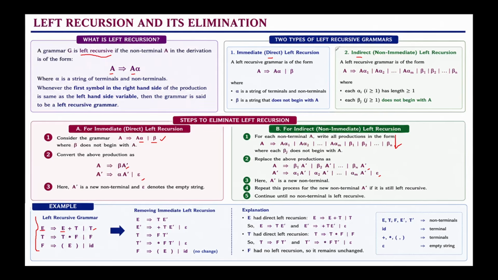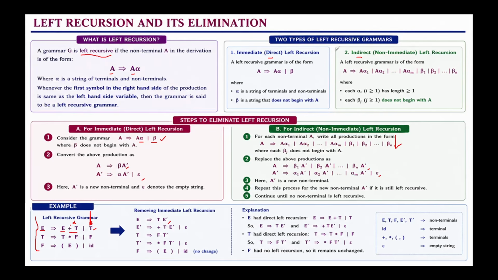To eliminate it, this plus T will be the alpha and this T will be the beta. So how are we going to do it? Very simple. E tends to alpha E dash, which means plus T E dash.